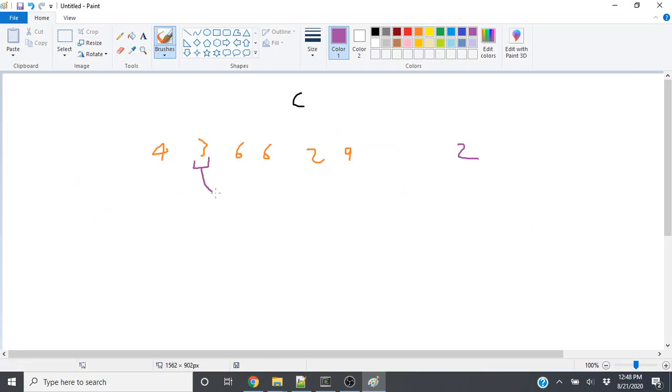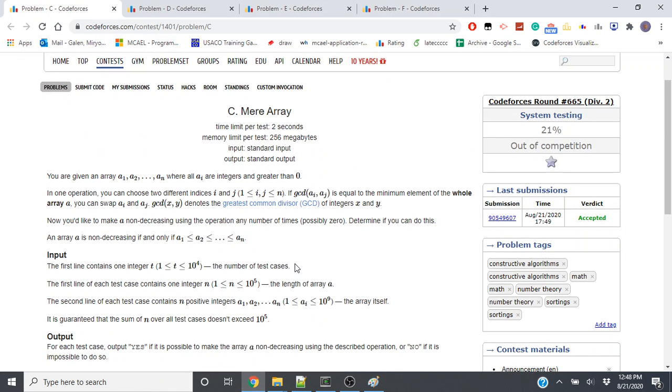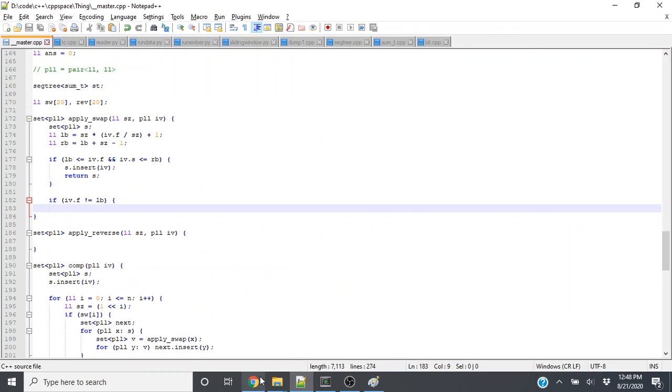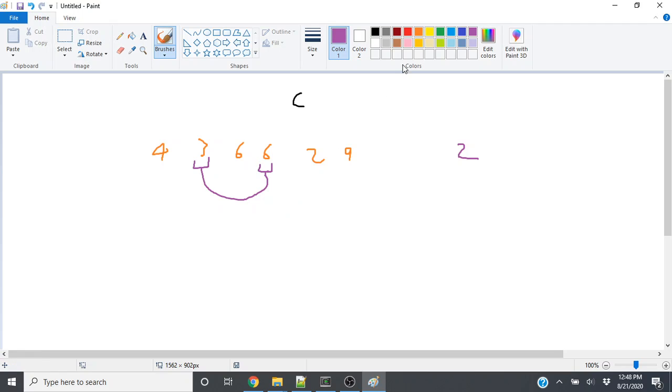In one operation, you will pick two numbers, then take their greatest common divisor. I'm not going to define what a greatest common divisor is. It's basically the biggest number such that both of these numbers are divisible by it. So in this case, it will be 3, because 3 divides both of them, and there's no bigger number that does that.